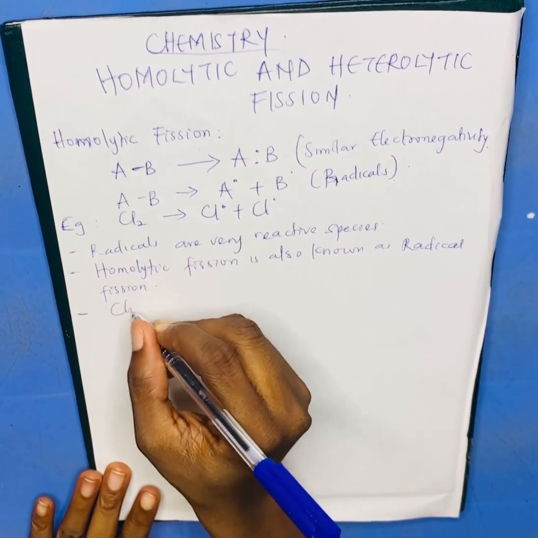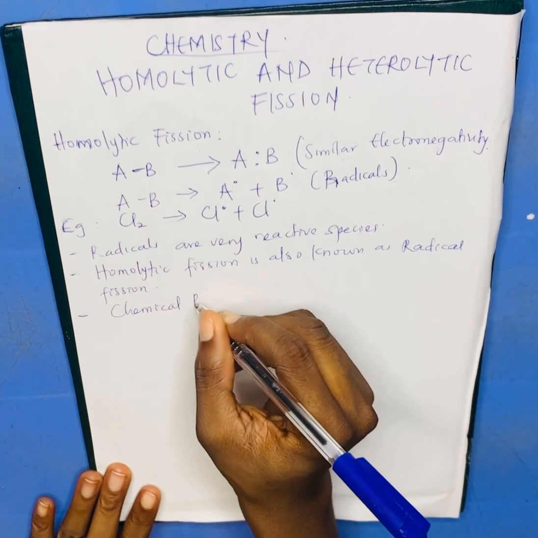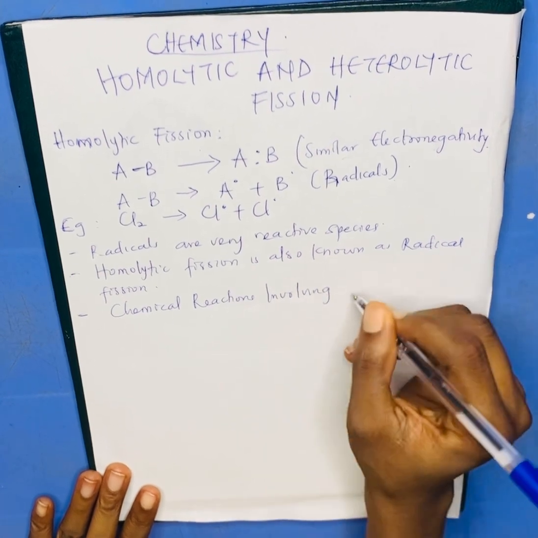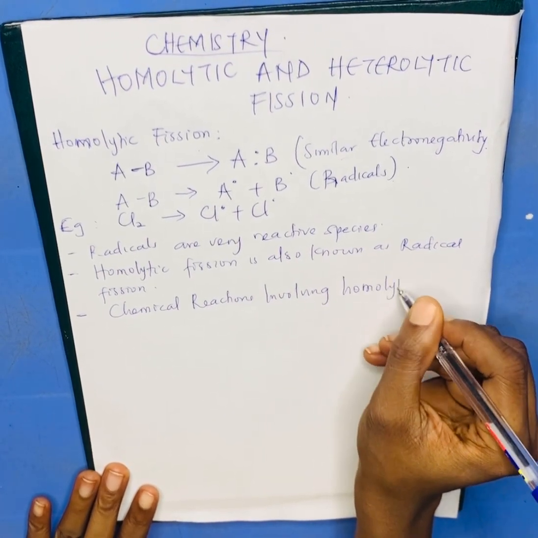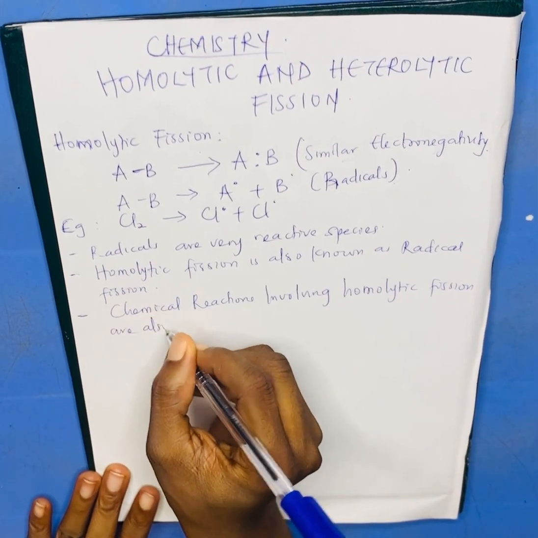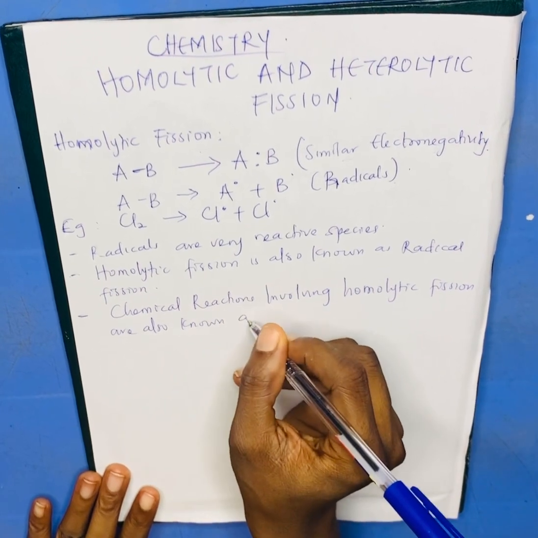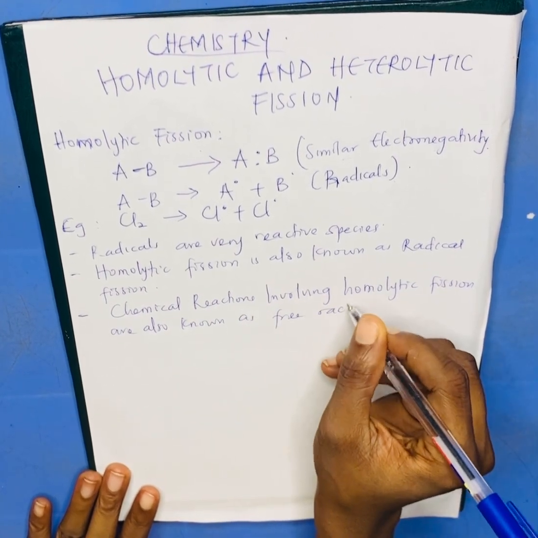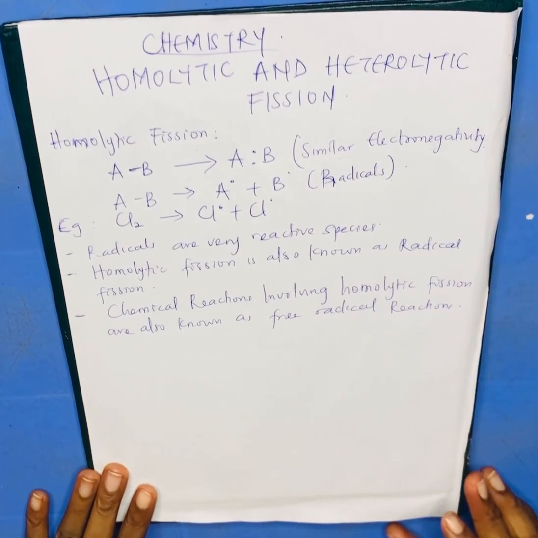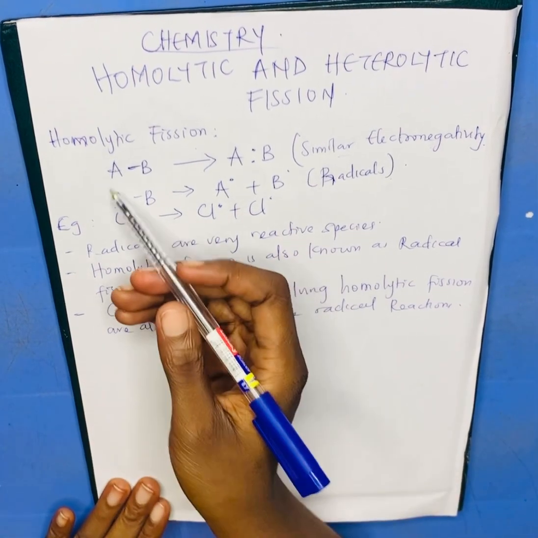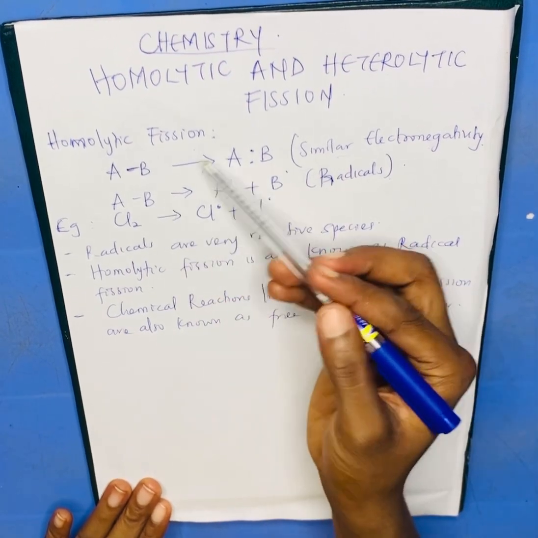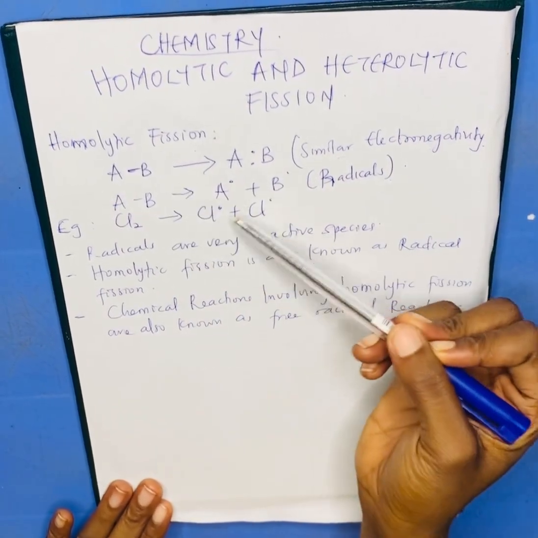So chemical reactions involving homolytic fission are also known as free radical reactions. In summary, homolytic fission is between two atoms of equal electronegativity values, and it leads to the production of radicals.